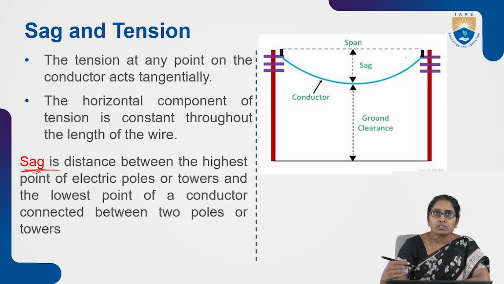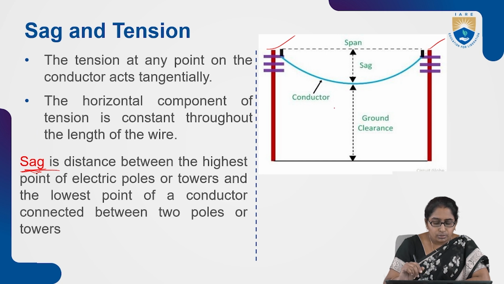You see here the two support towers are at equal level, right? So the distance between the highest point of the support tower and the lowest point of the conductor.